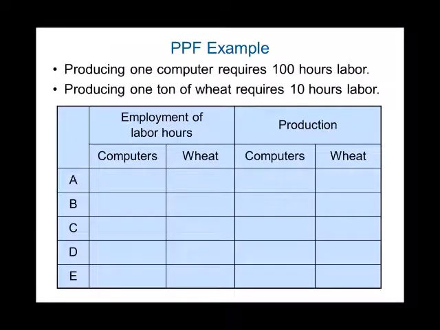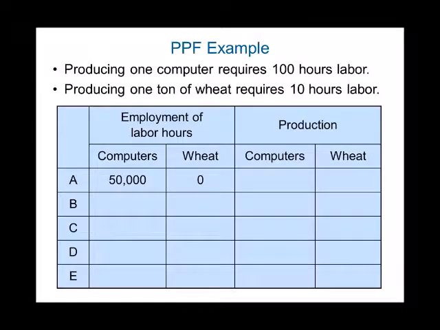So given the 50,000 hours of labor that we have, how many computers and how many tons of wheat can we produce? Let's say we use all our 50,000 hours of labor to produce computers, and so we're using 0 hours in the production of wheat.